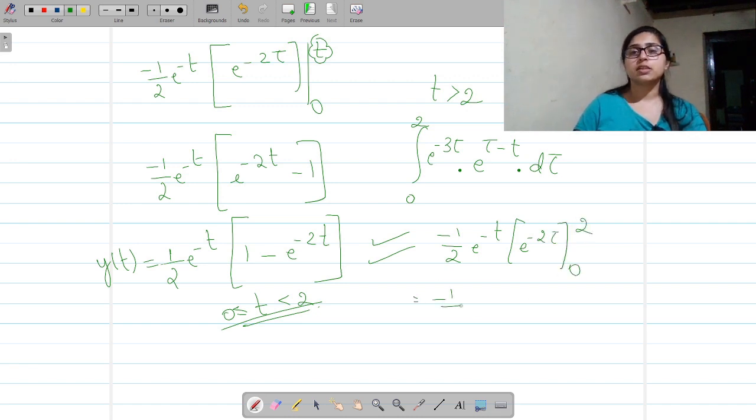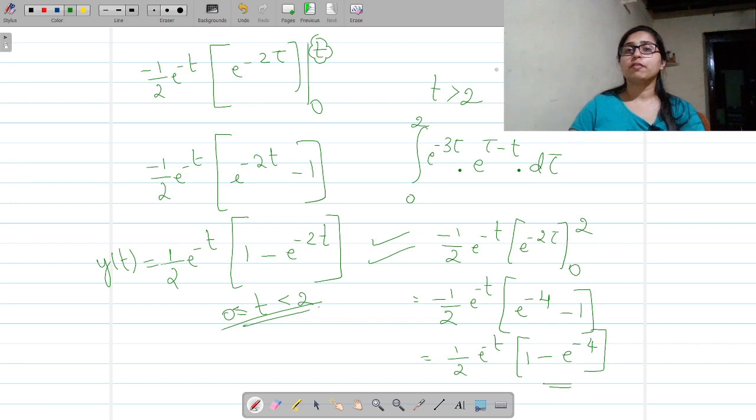Now solve this. Minus 1 by 2 e to the power of minus t. Here we are going to get e to the power of minus 4 minus 1. So this will be 1 by 2 e to the power of minus t, and here I am going to get 1 minus e to the power of minus 4. Okay, so this will be for the value t greater than 2. So these are the different values of y of t.